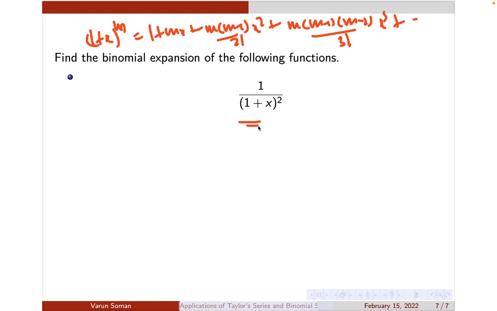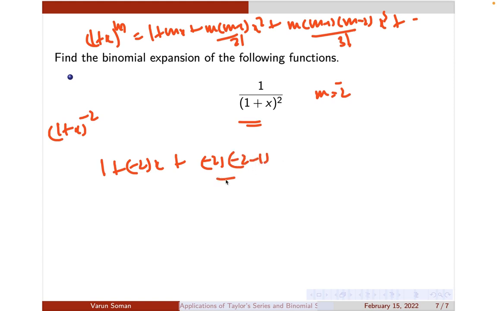Here your m is actually −2, because this is the same as (1 + x)^(−2). So your expansion would be 1 + (−2)x + (−2)(−2 − 1)/2! x² + (−2)(−2 − 1)(−2 − 2)/3! x³ + etc.